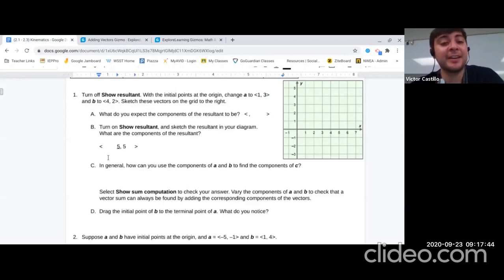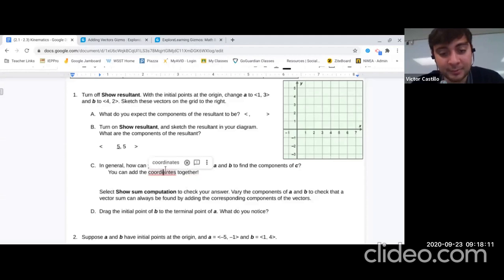In general, how can you use components of A and B to find the components of C? You can basically add the coordinates together.